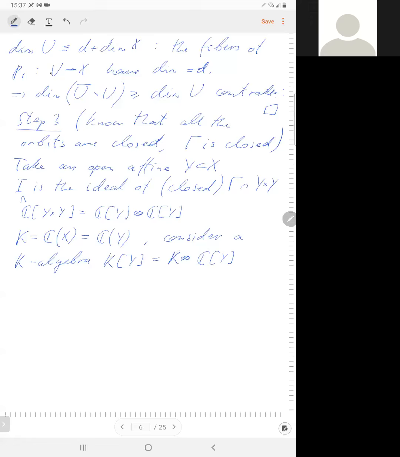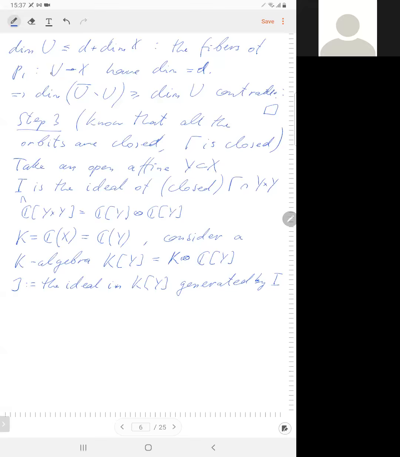So in this tensor product of ring of functions C of Y with C of Y, we localized in the first variable, right? We allowed all the fractions in the first variable. And now J is the ideal in this algebra generated by I. Okay, so the I was ideal in the tensor product of regular functions on Y, and now we localize in the first variable.